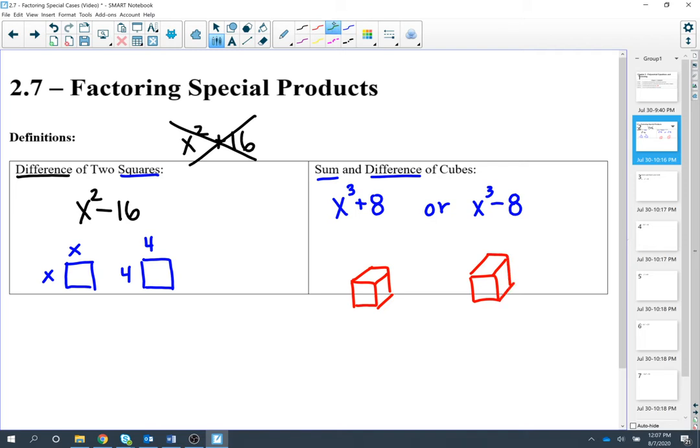And if we're dealing with x cubed, it would be x by x by x. If we're dealing with 8, it would be 2 by 2 by 2, in fact, forming a cube. So that's the way you're going to kind of start to recognize the sum or difference of cubes.